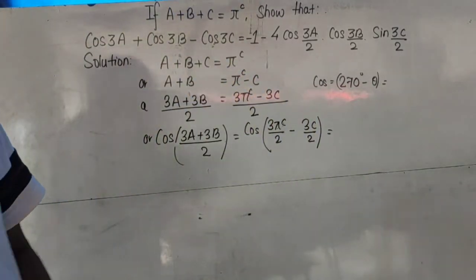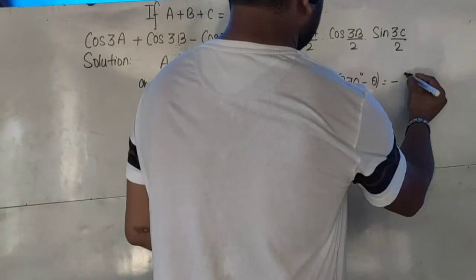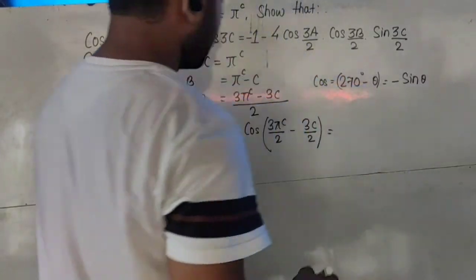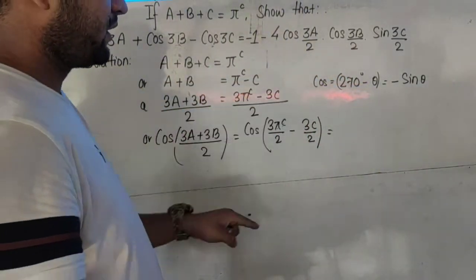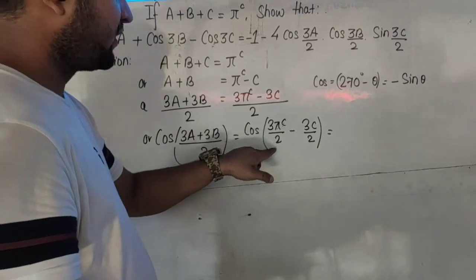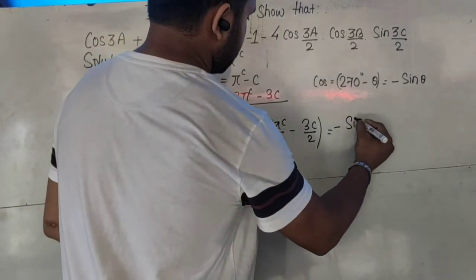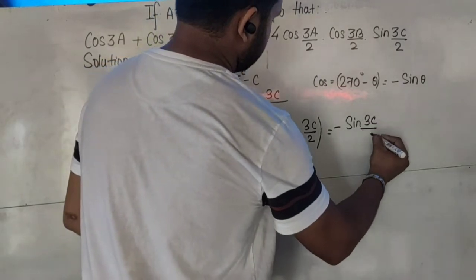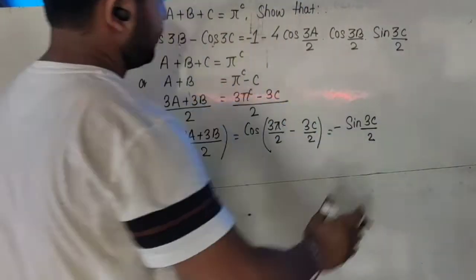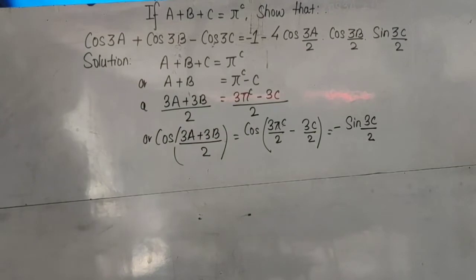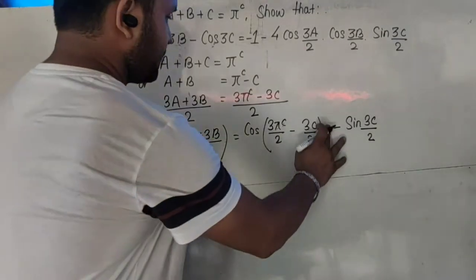By the formula, cos 270 minus theta is minus sin theta. With the same formula, cos 270 minus theta can be written as minus sin 3c by 2. You'll know later why we have done so.